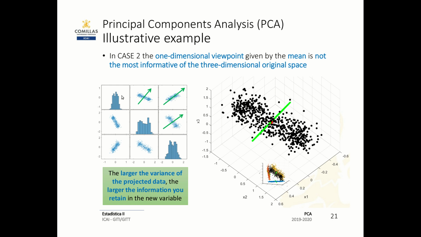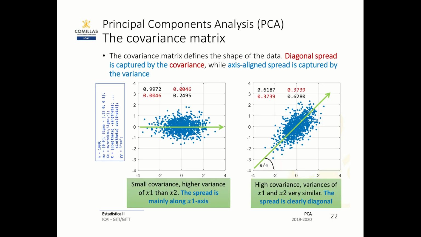But in the planes x1, x2 or x2, x3, it goes just in the perpendicular direction to where the data is going. So this is not really a good summary.